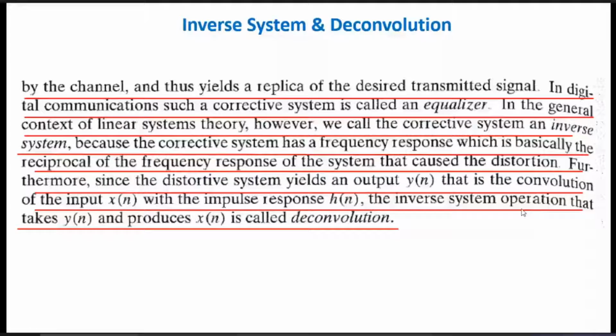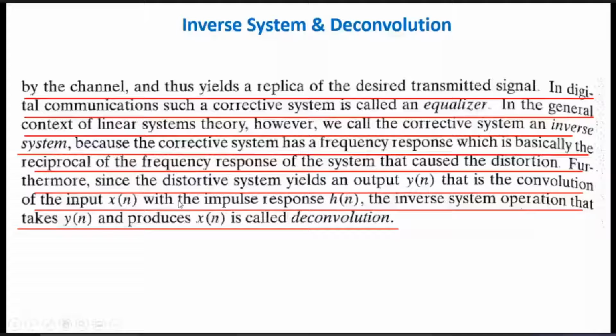You pass the output data to another system, which is called the inverse system, that has the characteristics inverse to those of the first system, so that its frequency response gets modified and you will get the actual frequency response. That is called the corrective system or inverse system.